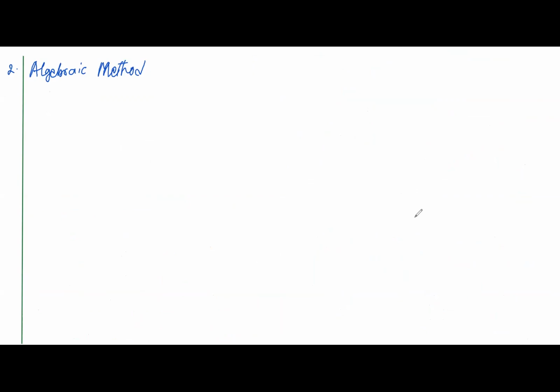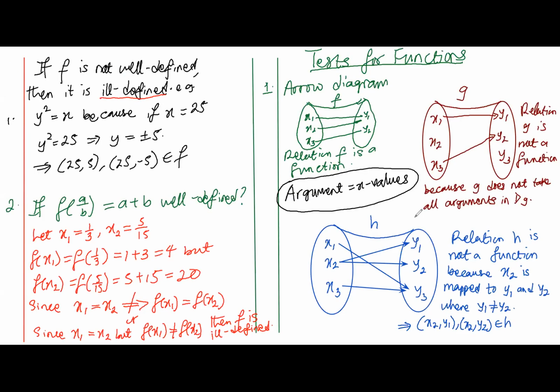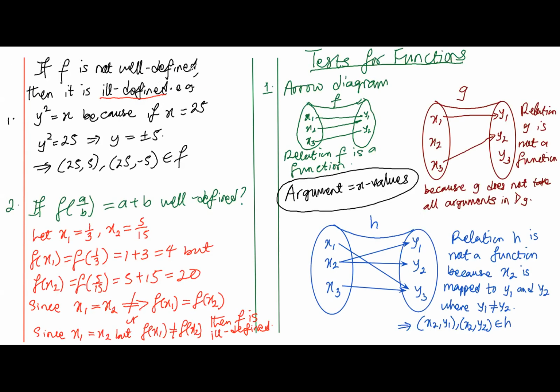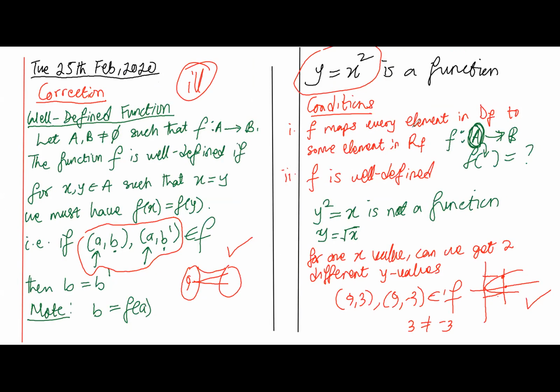Thank you. So the algebraic method is the second. Remember the first one, you can use arrow. Algebraic method here, you test this condition given here. These conditions. This is the algebraic method. So I'm just going to write it properly.